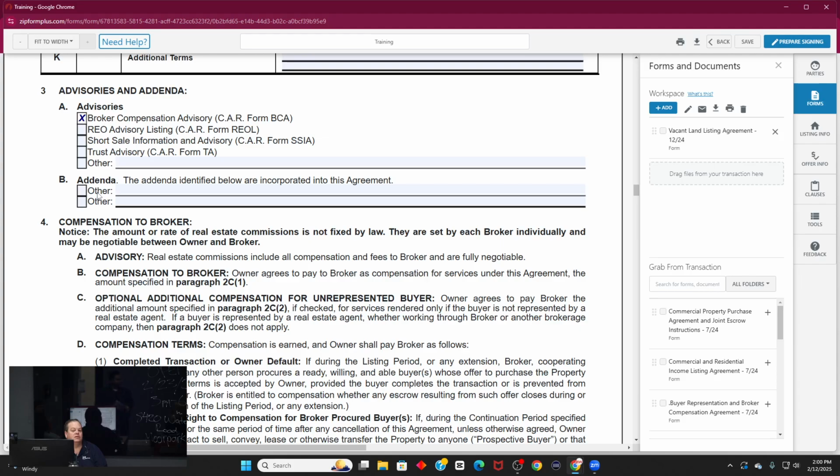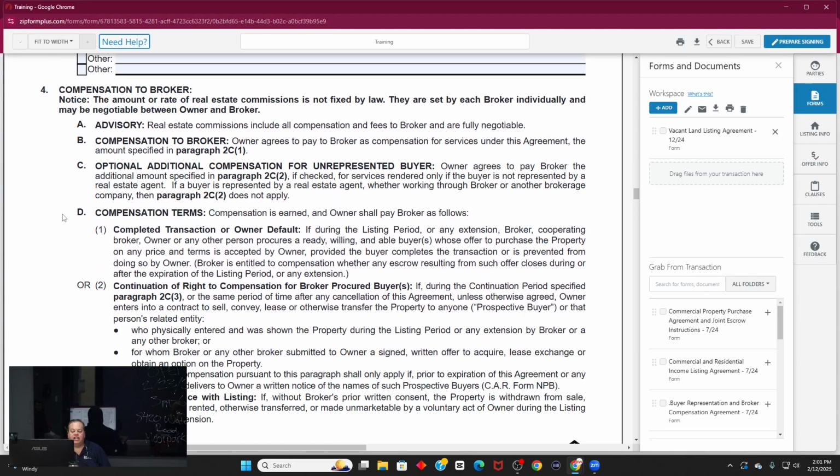Otherwise, the addenda and or the advisory is not really a part of the agreement. In order for that to be a part of the agreement, you have to check the box bringing the two together. Make sense? Okay. Compensation of the broker, all compensation is not fixed by law, and it is negotiable.